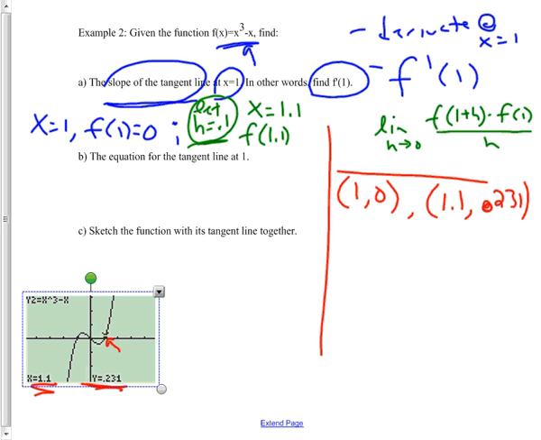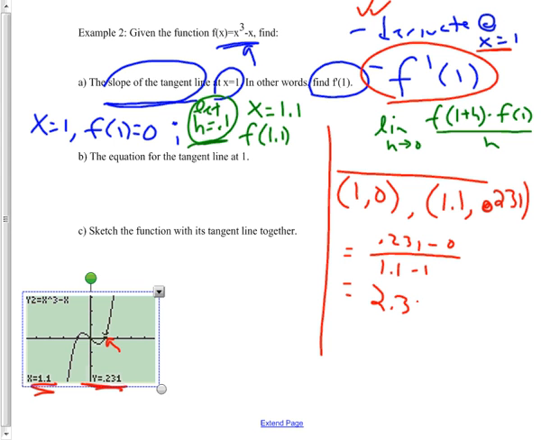So our slope, which is the slope of the tangent line, the instantaneous rate of change, or the derivative at x equals 1, or f prime of 1, all meaning the same thing. Our slope is 0.231 minus 0 over 1.1 minus 1, which equals 2.31. This is my instantaneous rate of change.